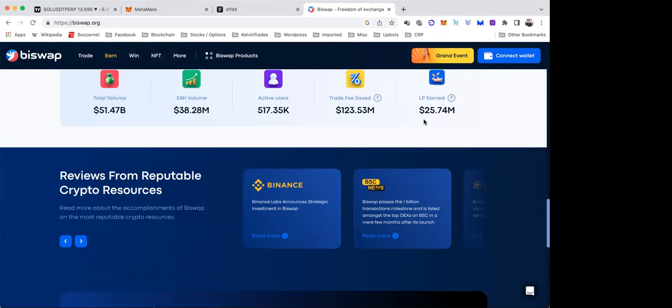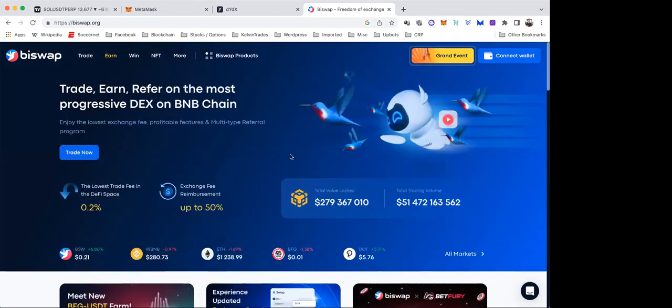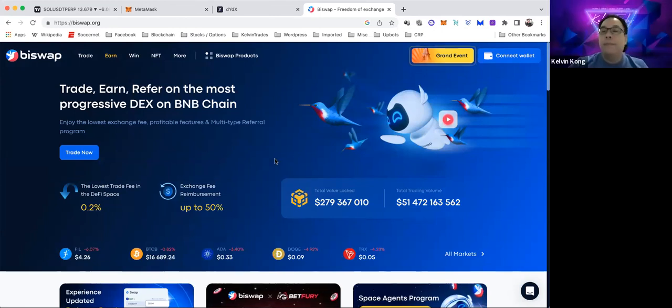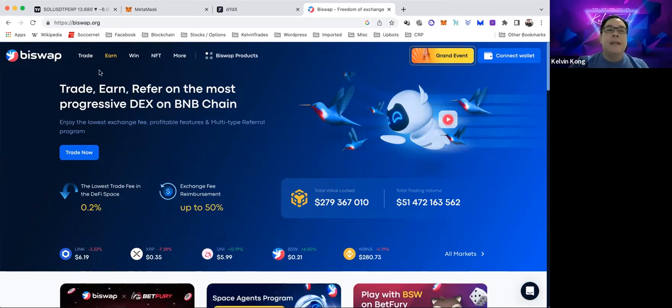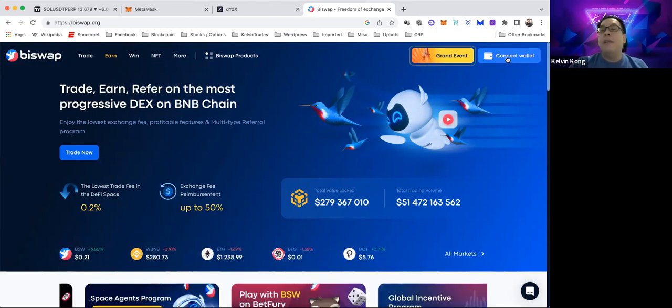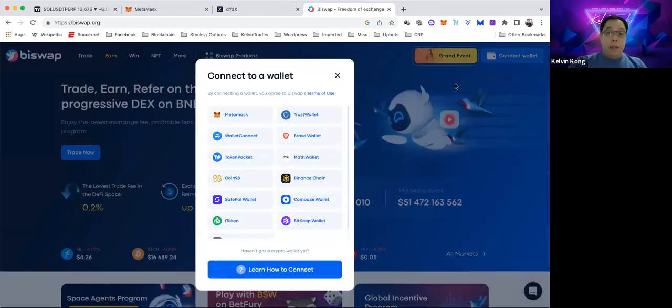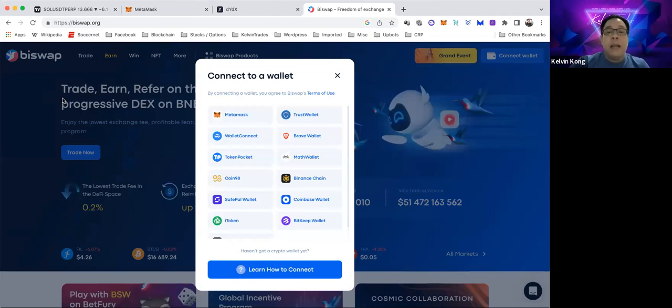So Kevin, it's only for the Ethereum network, not for Bitcoin, is it? Bitcoin? No. Okay. Every time you come to a decentralized exchange, it will always ask you to connect wallet. Connect wallet. Connect wallet. So this particular exchange allows you to connect to so many different types of wallets.